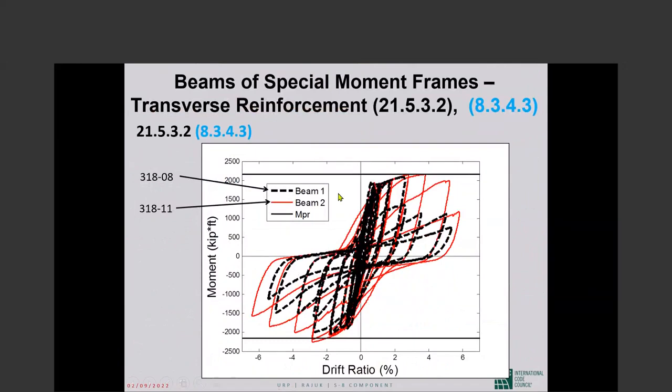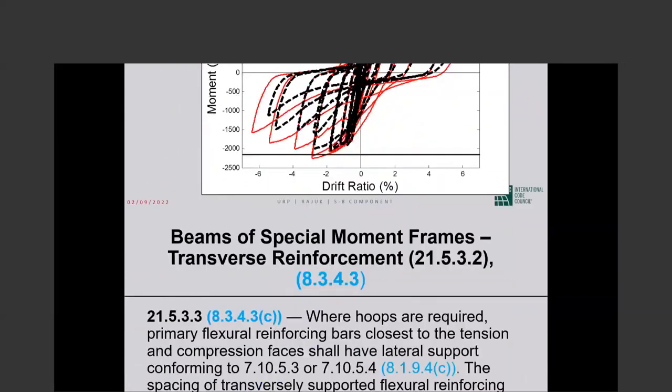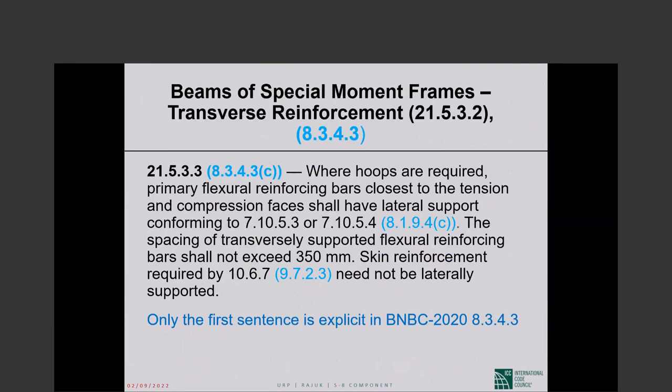And this is the comparison of the hysteretic curves of a beam that was detailed by ACI 318-08, and red is a beam detailed by the altered ACI 318-11 requirement. And you see that the new detailing gives you better performance, fatter hysteretic loops and so forth. So the change was made based on the testing.